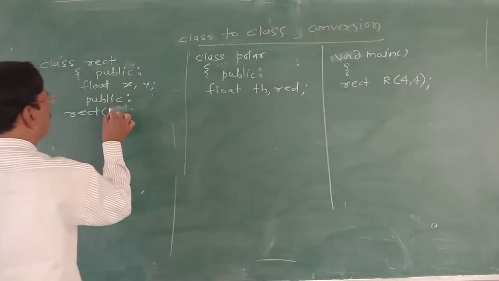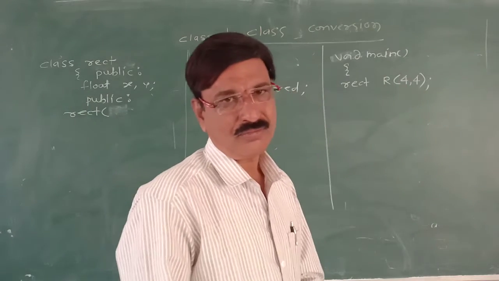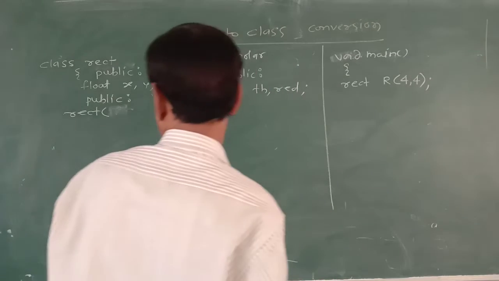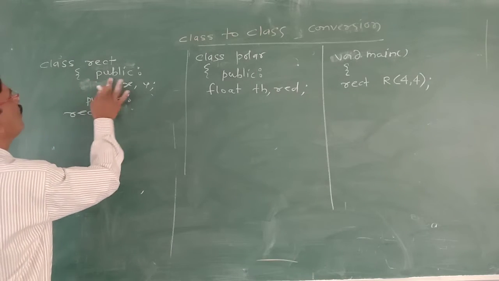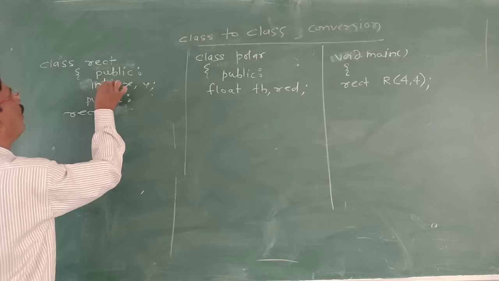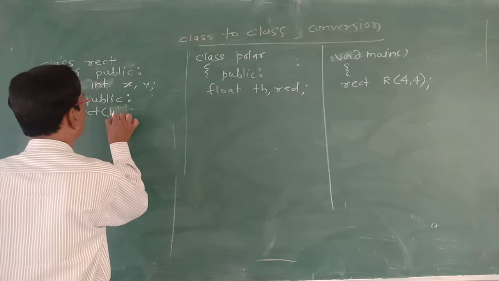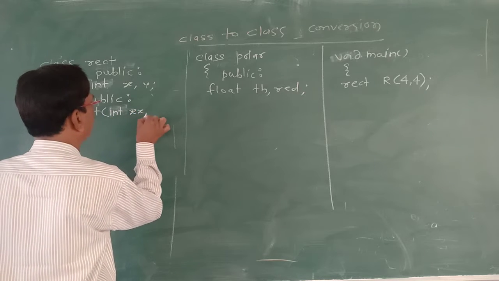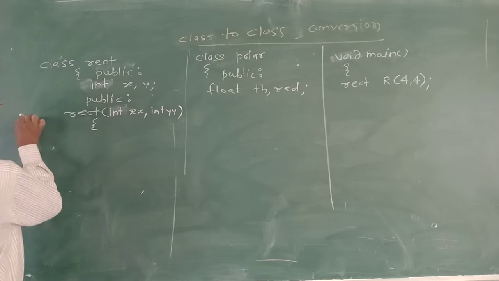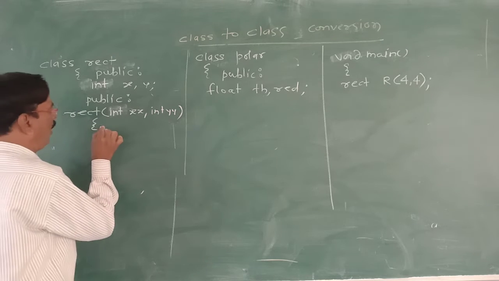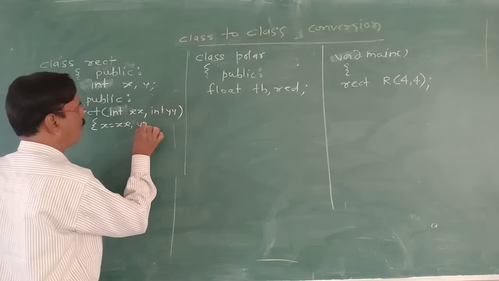So the default constructor is not there, the actual parameter is int. So here you can take int x1, int y1. The actual parameter 4 and 4 formally become integer xx, integer yy. x is equal to xx, whereas y is equal to yy.